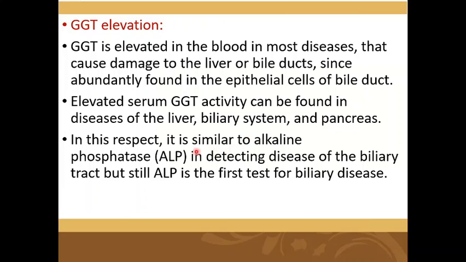It is similar to alkaline phosphatase, and although both have a similar function and origin and are raised in the same conditions, still ALP, alkaline phosphatase, is the first enzyme to be elevated in biliary diseases.